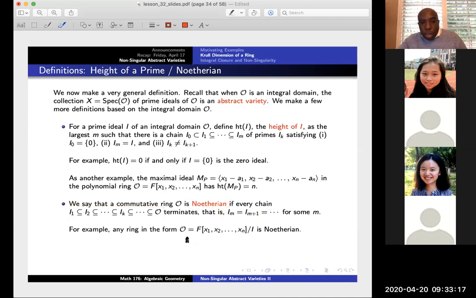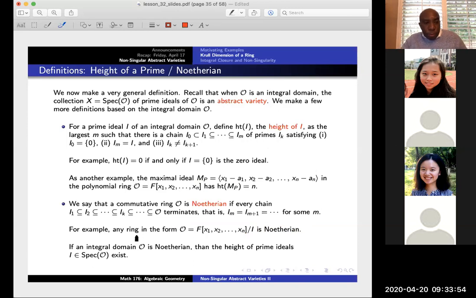I want to give you a couple of examples here. If you look at this polynomial ring modulo an ideal, which is going to look very familiar to the way we define our varieties, then anything in this form is Noetherian. Unfortunately, we won't have time to prove this in this class, but it's a very standard exercise in any good commutative algebra class that this quotient ring, for any ideal I, is a Noetherian ring.